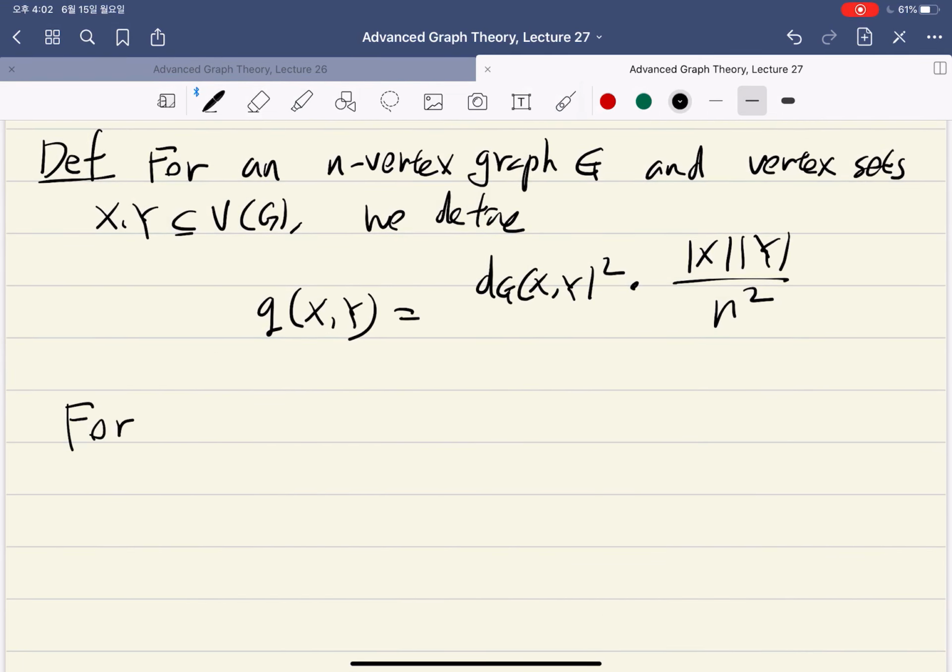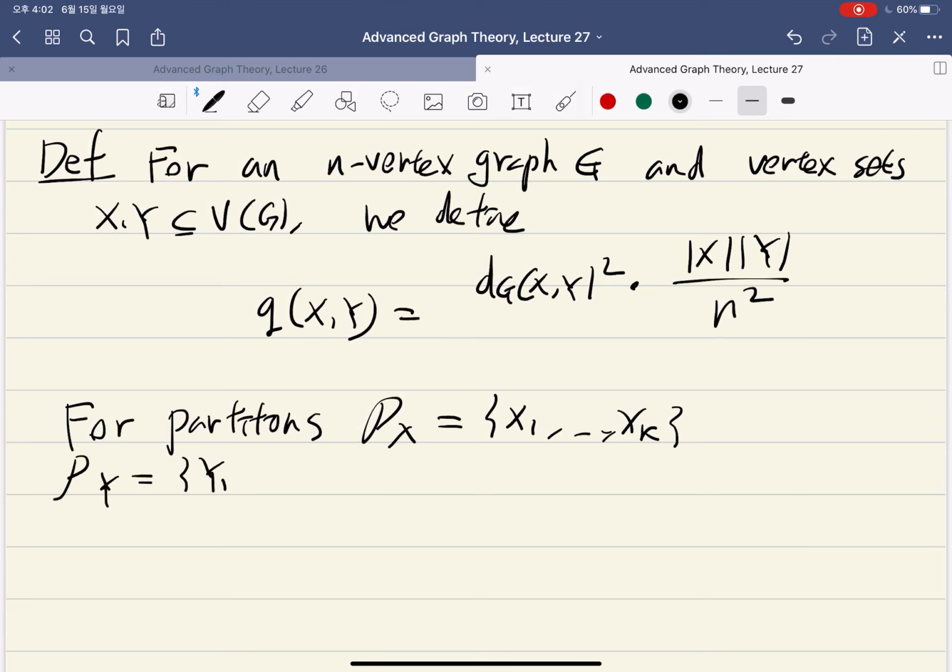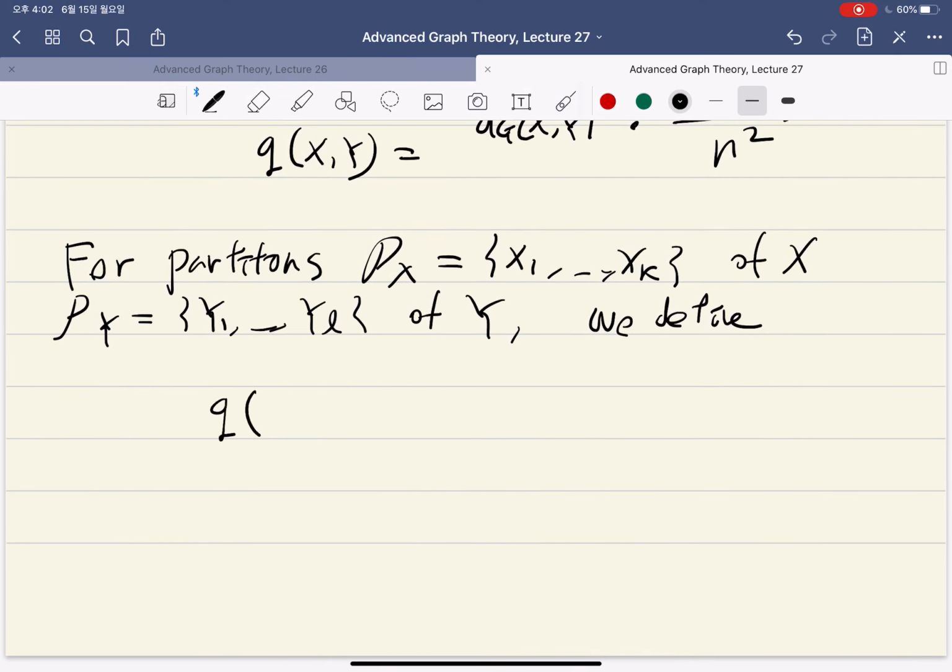And for partitions Px and Py, this is the partition of X and this is the partition of Y, we define Q of Px and Py.